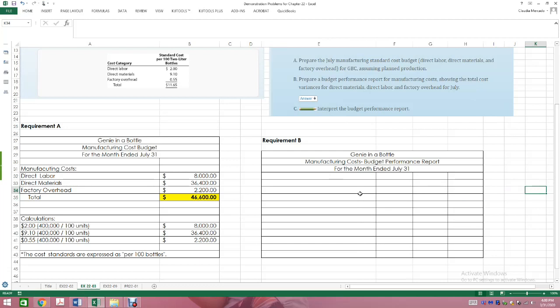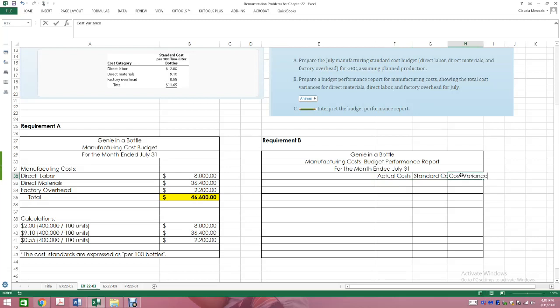Now they're asking us to prepare a budget performance report showing the total cost variances for direct materials, direct labor, and factory overhead. So here in this column, we're going to have the actual costs. Here we're going to have the standard cost. And here we're going to have the cost variance.